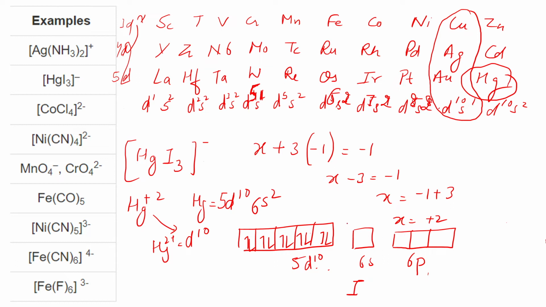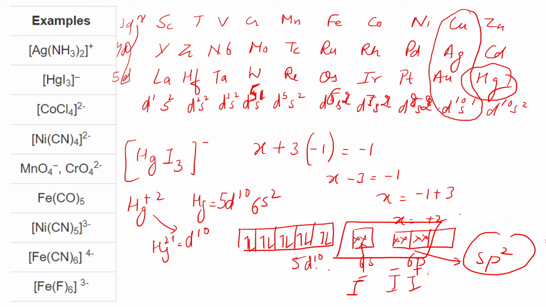We will hybridize 3 such orbitals, forming sp2 hybridization, and each iodide ligand will donate its electrons to these 3 hybridized orbitals.